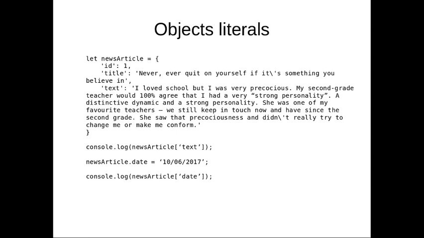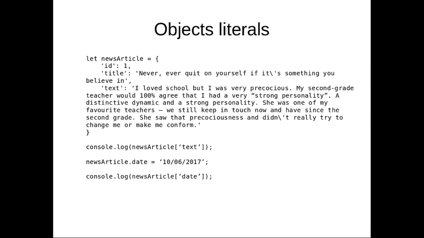This variable is called news article, and this is another way that you can access a key inside an object. Within the brackets, like you do with an array, we specify the key as a string, and then you get the value that is in there. So here we're getting the news article text, and we're going to get this long string, right?